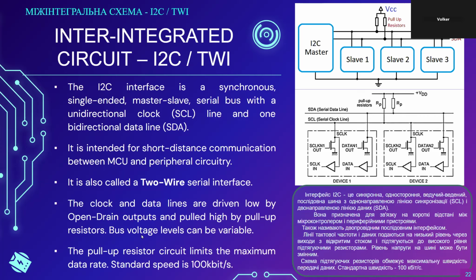And I had shown the picture to the right, in the middle, right before, when we were talking about output drivers. The I2C interface is using an open drain connection.